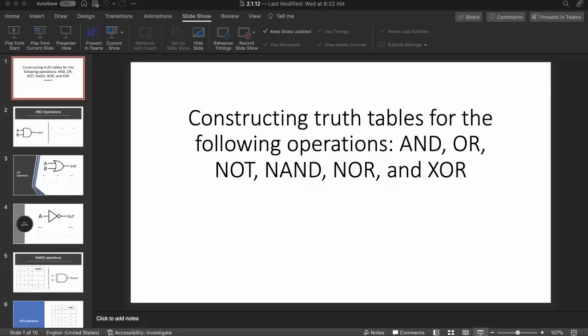Moving on to the final operator, which is the XOR operator. The XOR operator is a condition where either input must be true and both inputs cannot be true. So in the first row, both inputs are the same, therefore the output will be false.